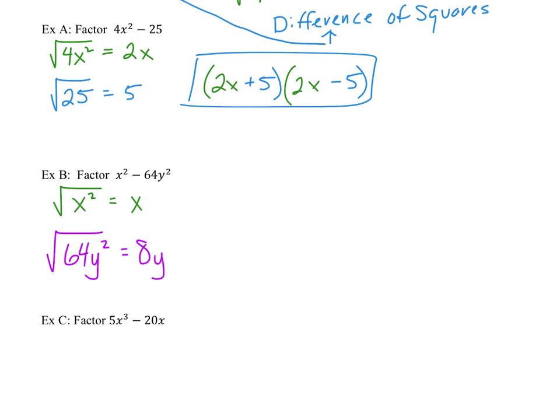So go ahead and write down what you think the answer is. Add them, subtract them. So we should have gotten x minus 8y and x plus 8y. Again, if you put the plus first, it doesn't matter.